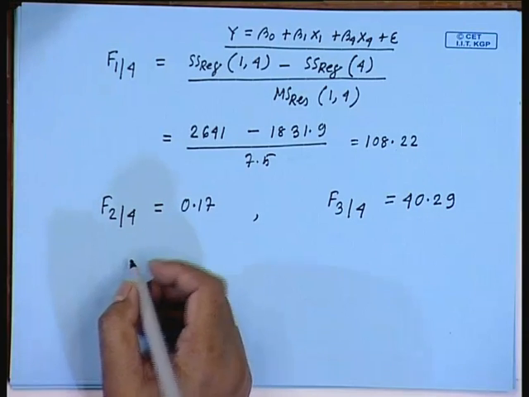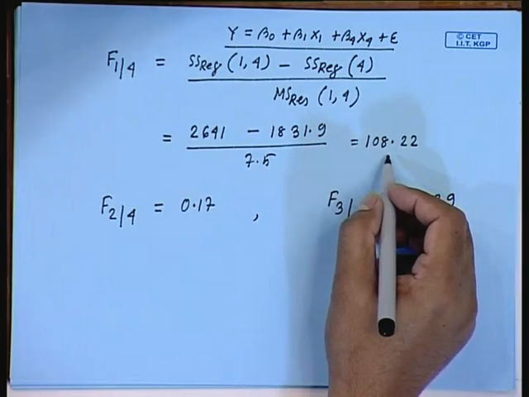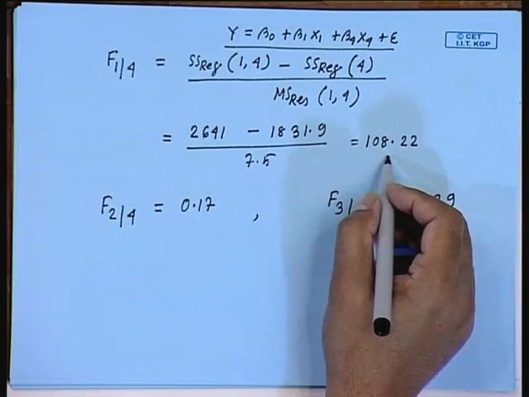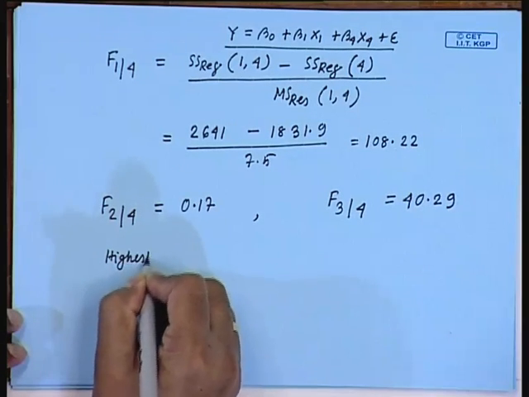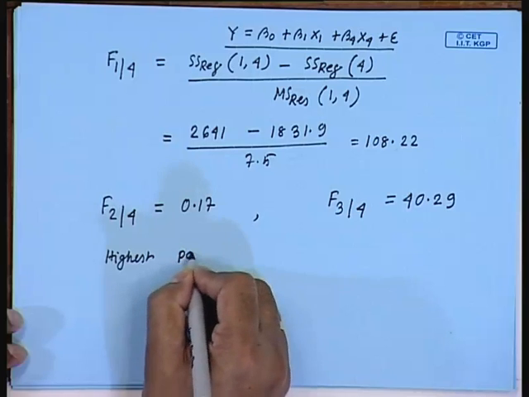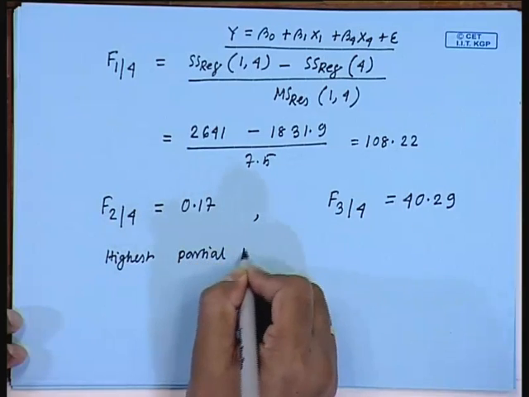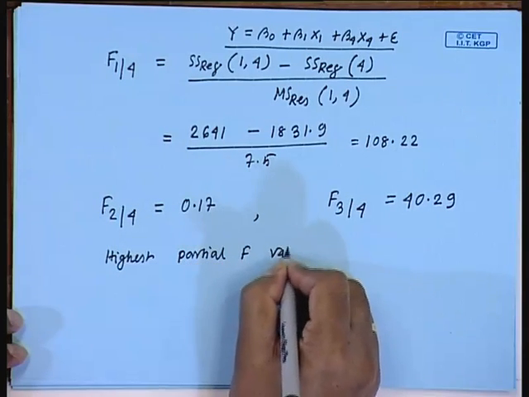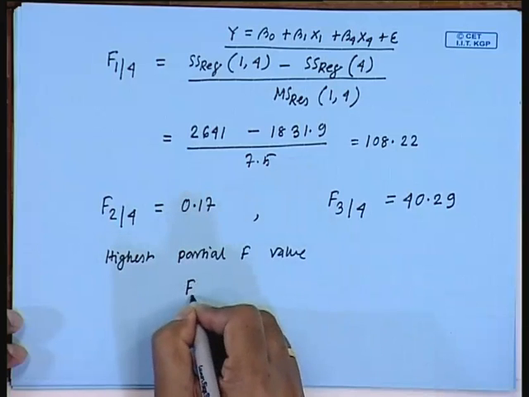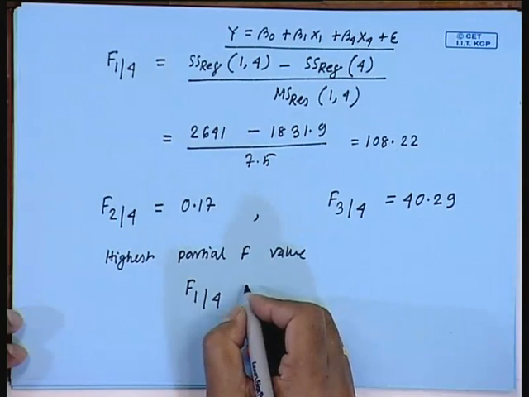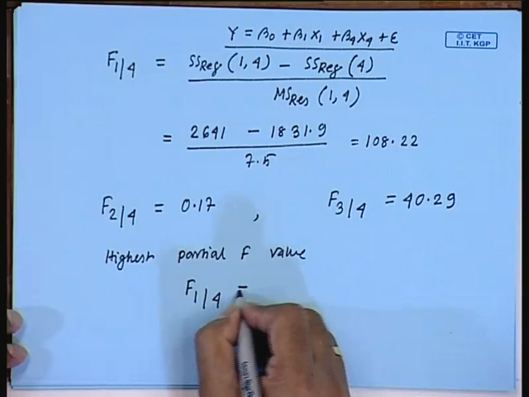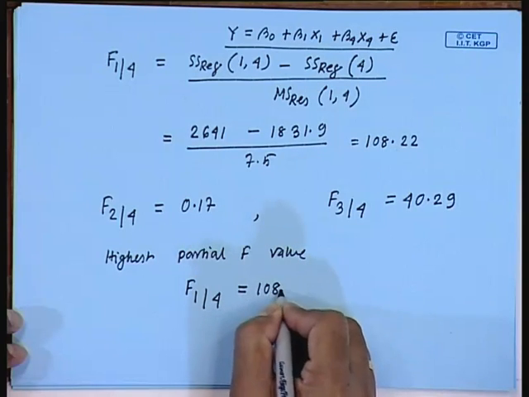So the highest partial F value is F1 in the presence of 4, which is equal to 108.22.